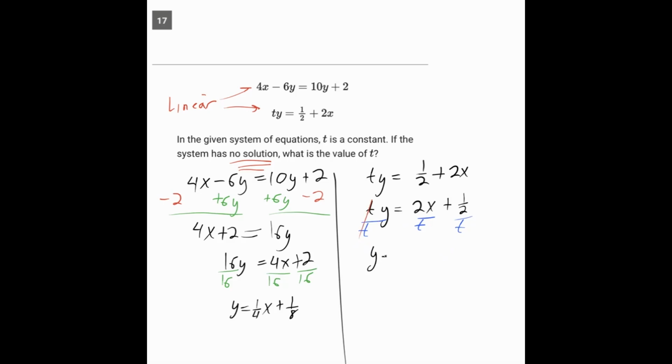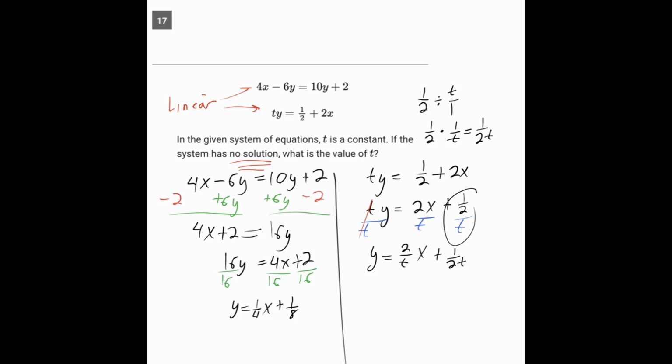And we have y equals 2/t x plus, now simplifying this, that's like 1/2 divided by t, or t/1, because any number is itself over 1. And keep, change, flip is the idea that we have to keep the first one, change it to multiplication, and flip the second one. So for dividing fractions, you use a method called keep, change, flip. And so now we have 1/2t, and that's what this is, 1/2t.